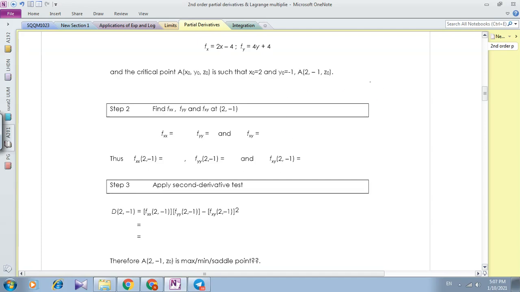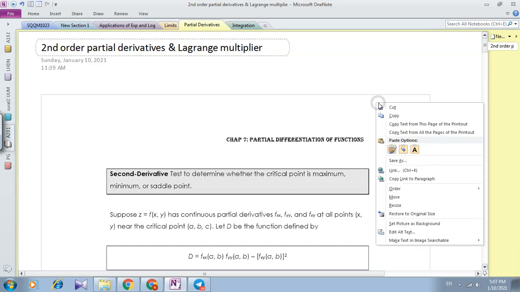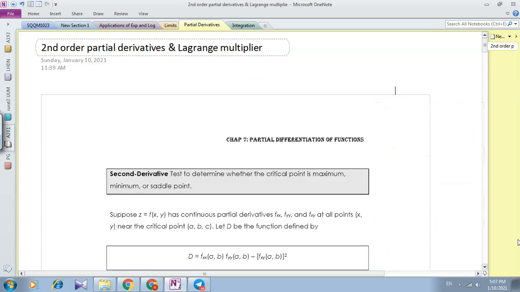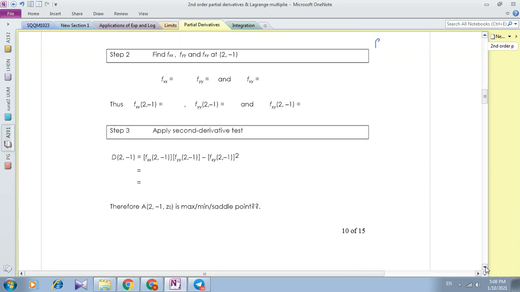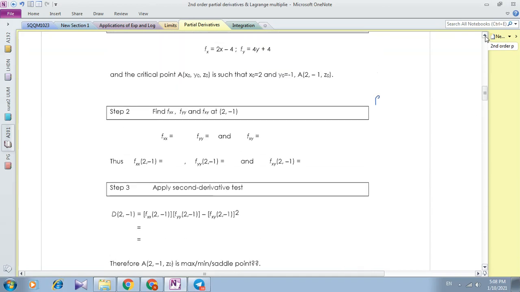Let me write here. fx is 2x minus 4. So fxx means this is the same as finding the partial derivative with respect to x of fx.